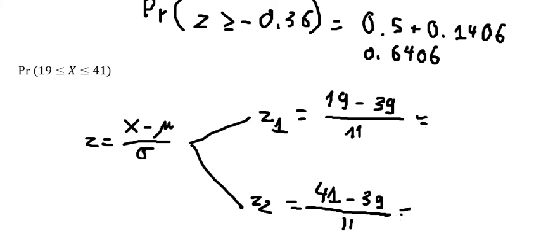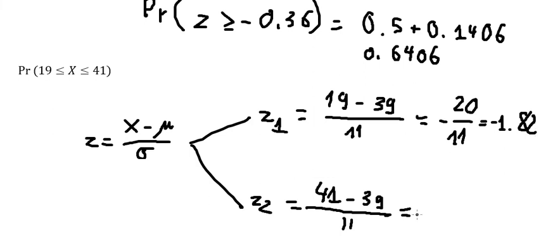So we calculate this one, and we have negative 20 over 11, and this one is approximately negative 1.82.